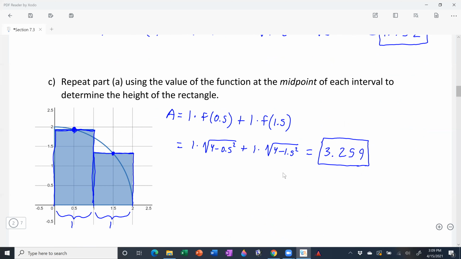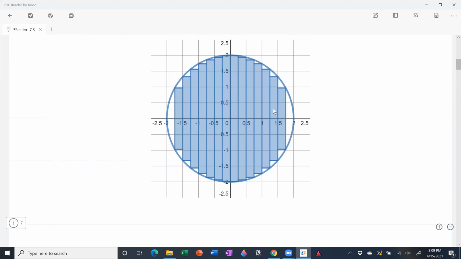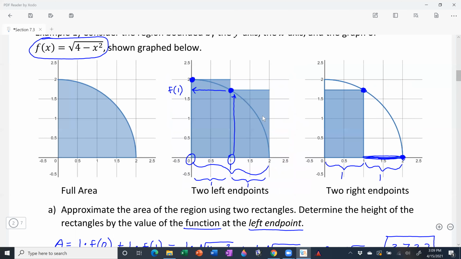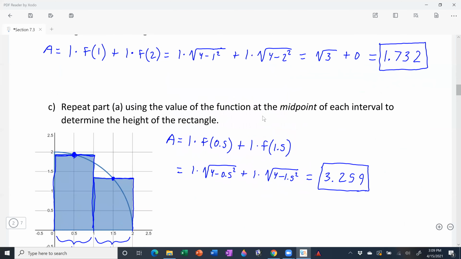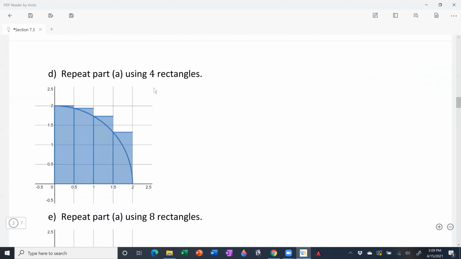In order to make this even better, like I was drawing on these pictures up here, we would want more than just 2 rectangles. The more rectangles you do, the less underestimate or overestimate space you have. So I'll make a new video to pick up in part D, where we're going to try to redo this using 4 and then 8 rectangles and see what our answers start to look like.